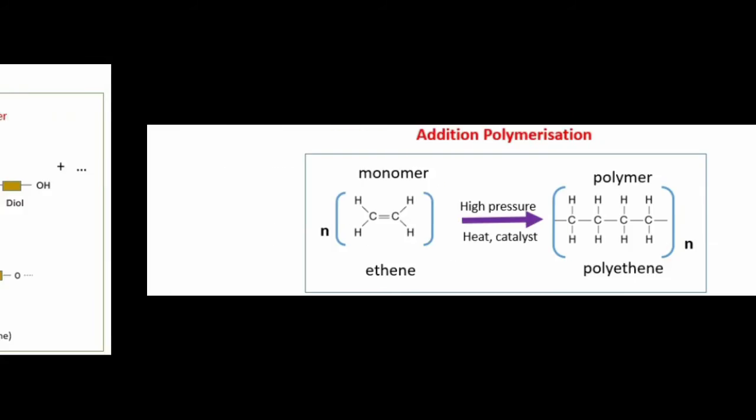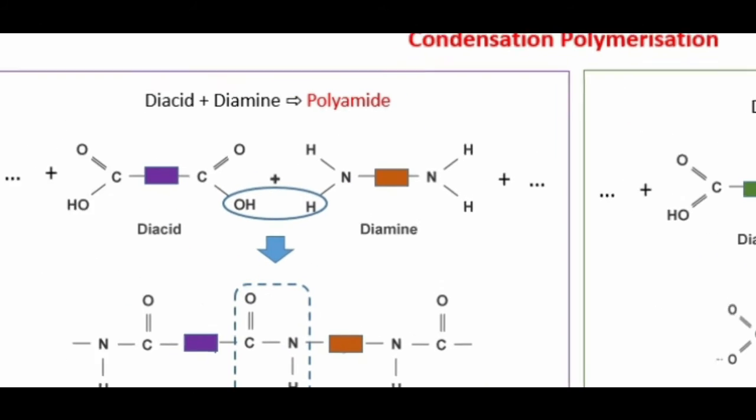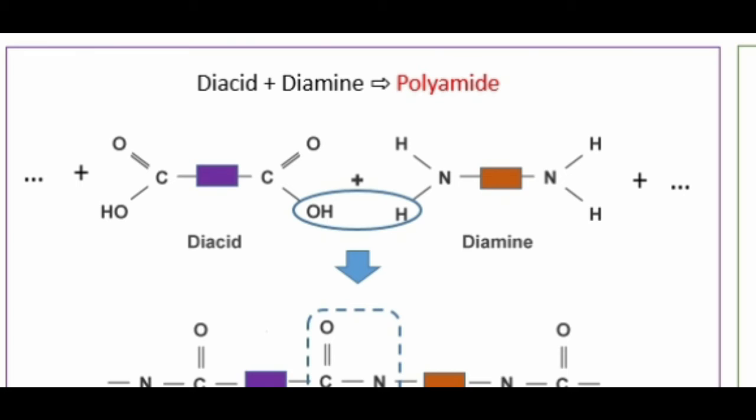As to how they form, I'm going to use this as an example, which is a diacid plus a diamine, creating a polyamide. As you can see, the word di is used a lot.